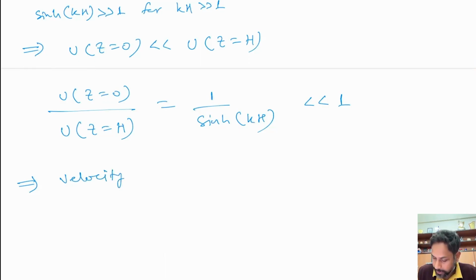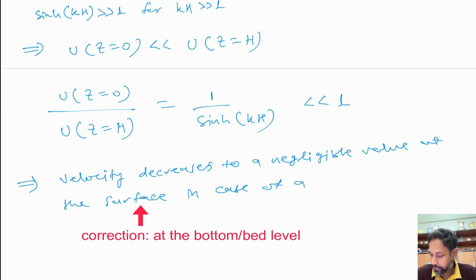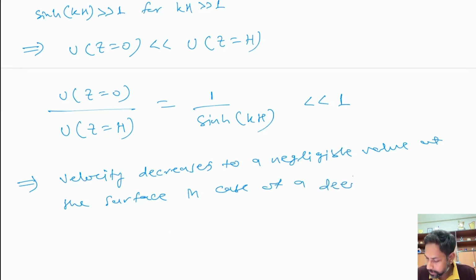Okay, so this indicates that the velocity decreases to a negligible value at the surface in case of a deep water wave.